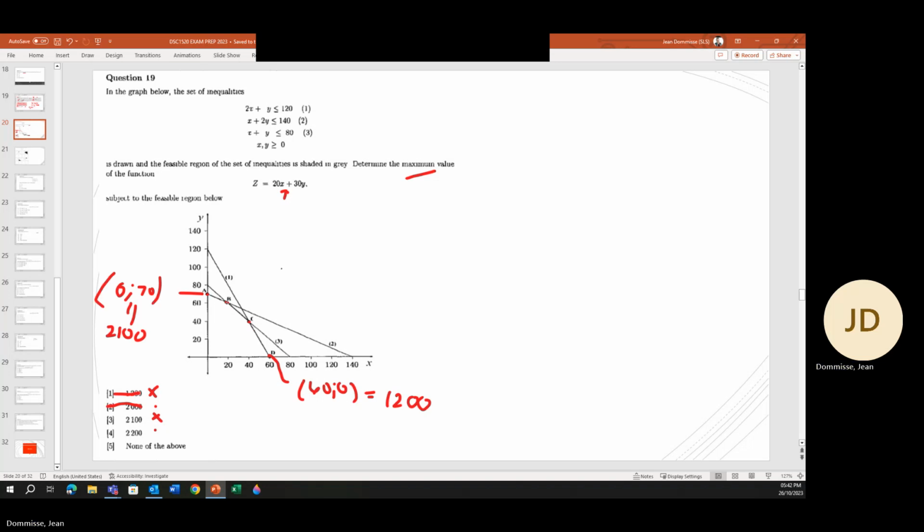So if we need to look at point B, which is where formula 3 and formula 2 cross, so 3 and 2, we will just need to look at these two, and we will need to work out what the X and Y points are. But hopefully that will not be too bad.